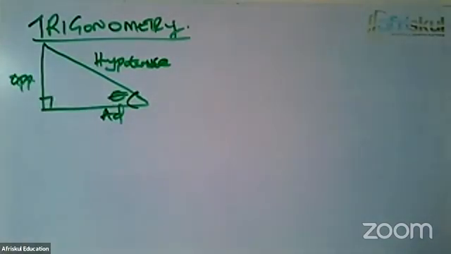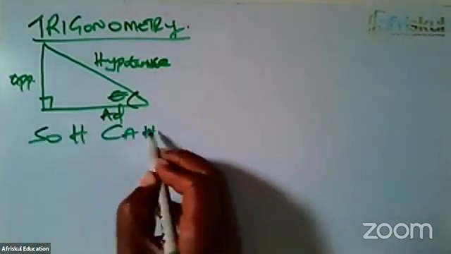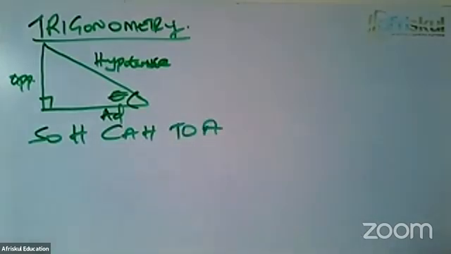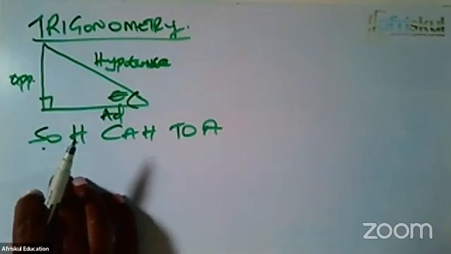The thing that you need to remember very well on trigonometry, if you want to get all the trigonometry questions very well, you have to remember the famous SOHCAHTOA. If you can't remember the famous SOHCAHTOA, then most likely you'll not be able to get that question correctly. So SOHCAHTOA is important. Sine theta equals opposite over hypotenuse.